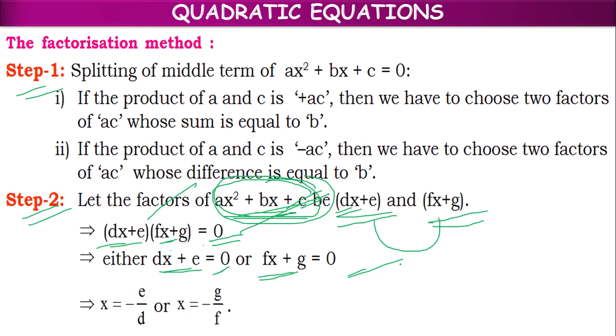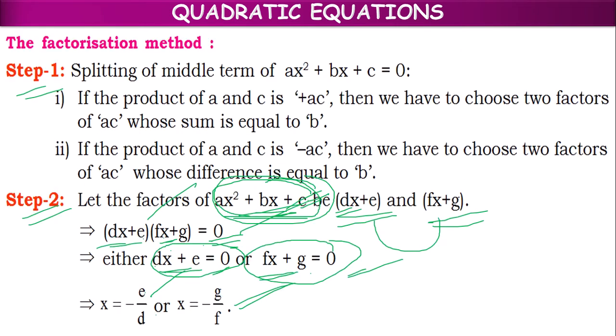So from first one, x equal to minus e by d, second one, x equal to minus g by f. Like that we can find the x values.